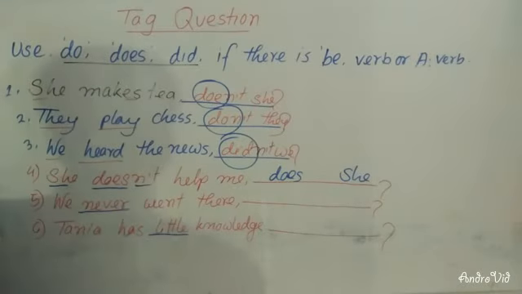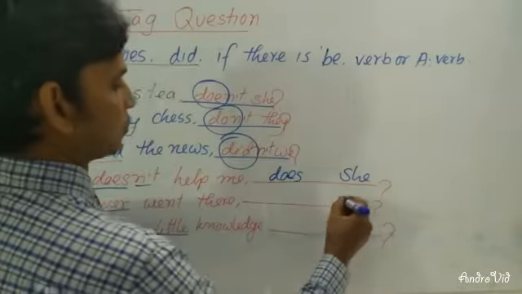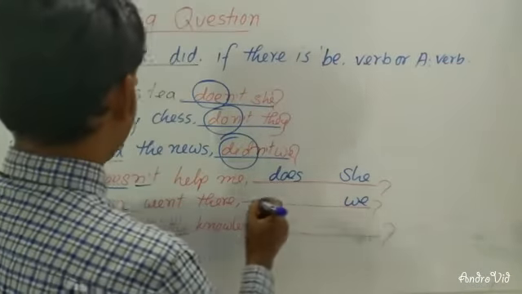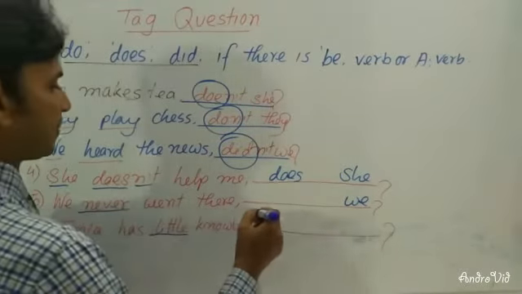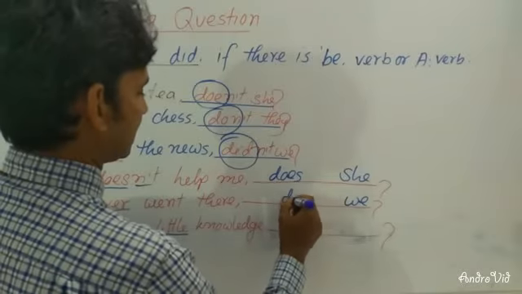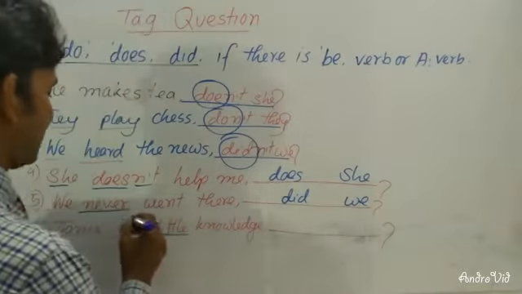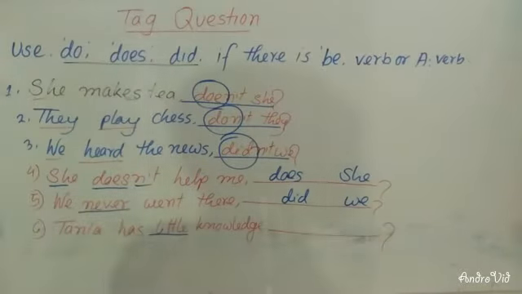She doesn't help me, does she? We never went there. So the subject will be "we", then the auxiliary verb will be "did". As there is a negative word, I won't use "not" here. So, we never went there, did we?